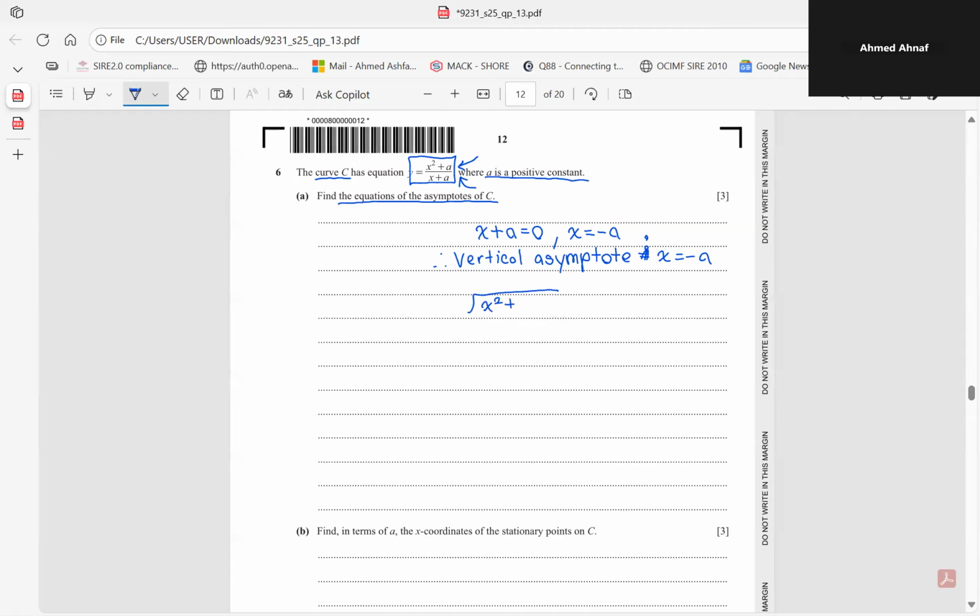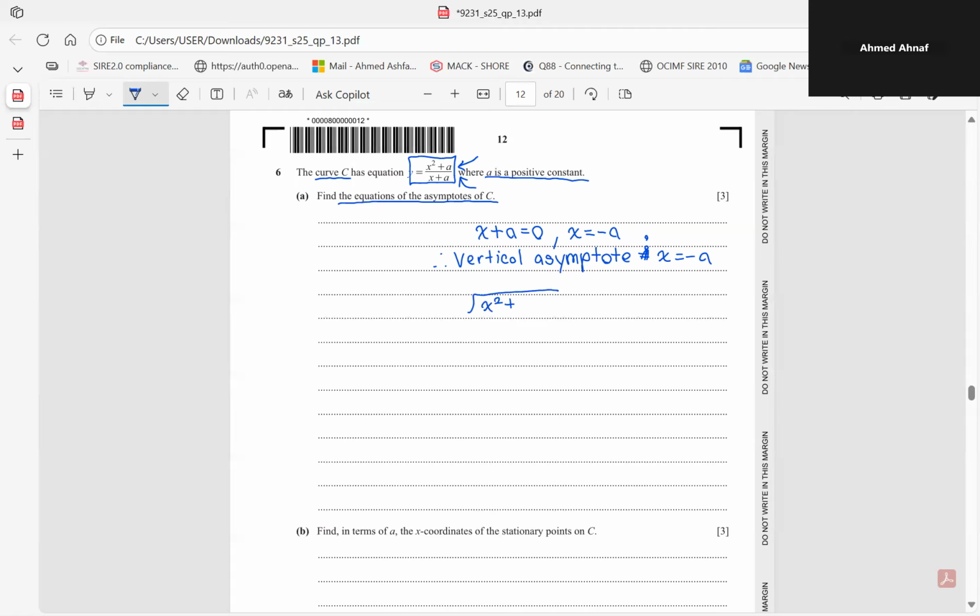Now we're going to draw our asymptotes. So we have x equals negative a. That's negative because a is positive. This is x equals negative a.